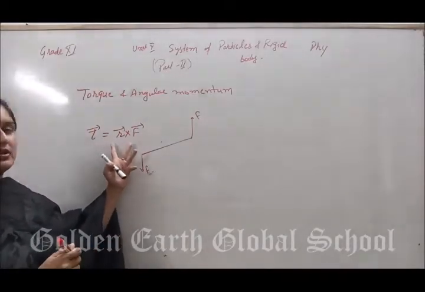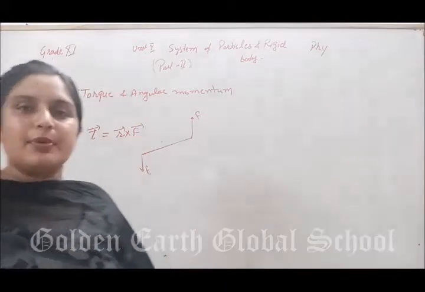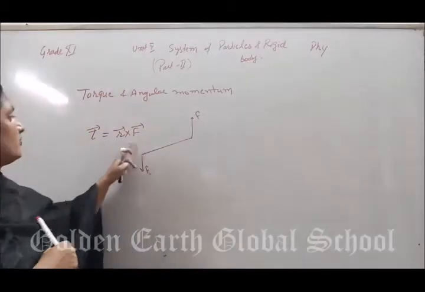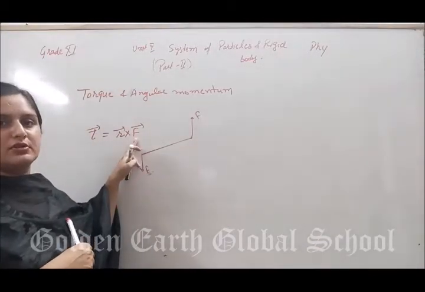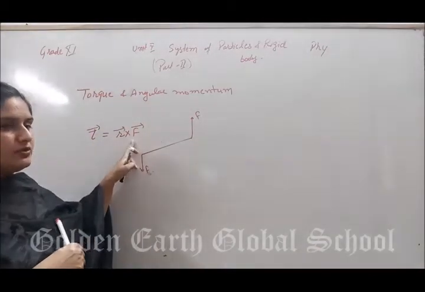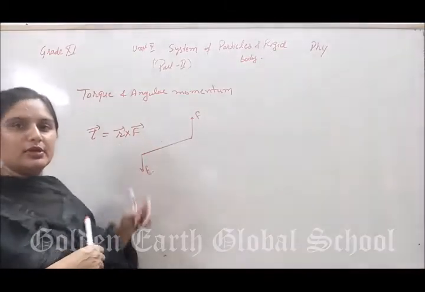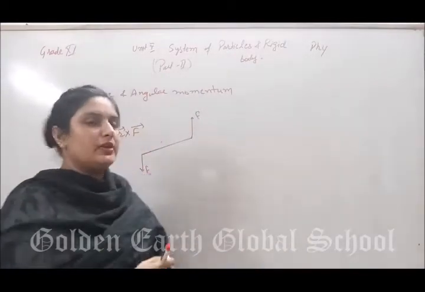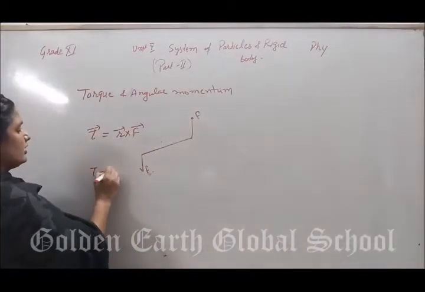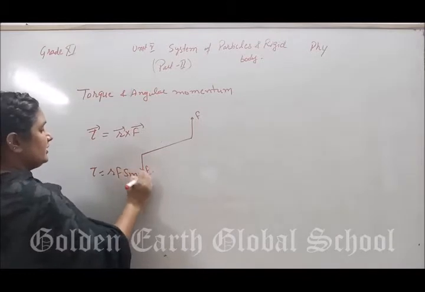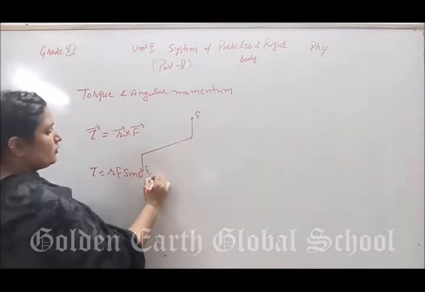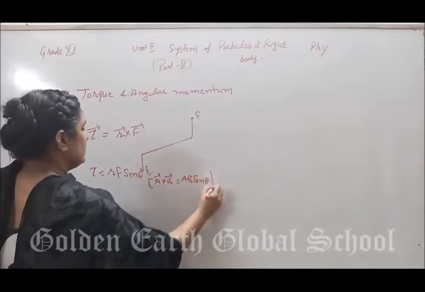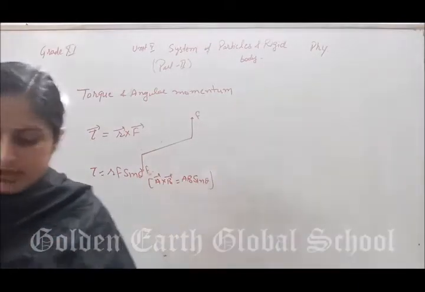Torque is equal to R cross F, where R is the perpendicular distance between the forces and F is either force. Or we can write the torque as torque is equal to Rf sin theta, because the cross product of two vectors can be written as AB sin theta. Now I am going to redraw the diagram.